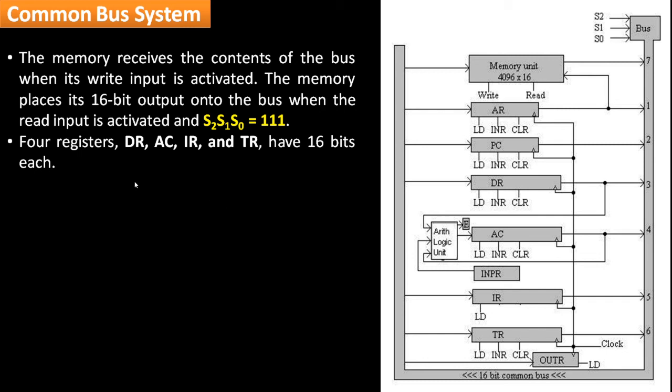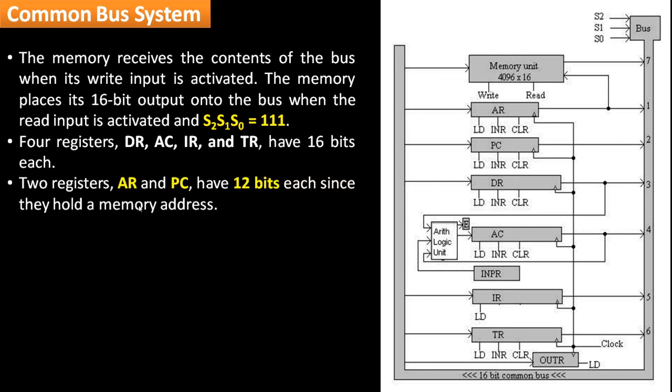The 4 registers DR, AC, IR and TR have 16 bits each. Here the data register, accumulator, instruction register and temporary register all work on the operand or the data, hence their bit length is 16 bits. The 2 registers AR and PC have 12 bits.